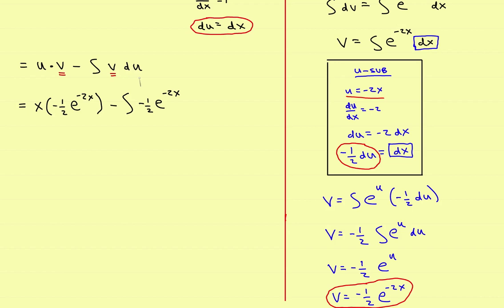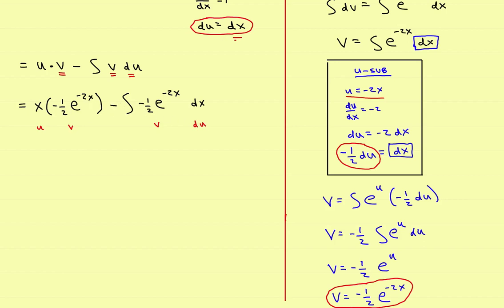So that's v, and now you need du, and du is up here, dx. So du is just dx. So this will become dx. So again, this part right here, this was u, this was v, this was v, and this was du. So when you put it in there, it looks like that.